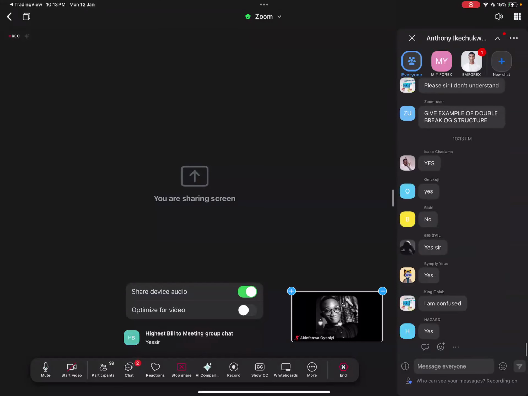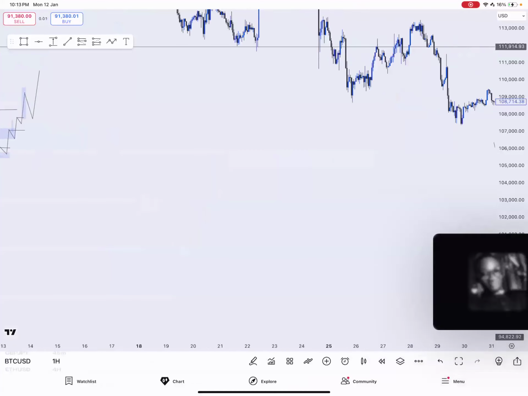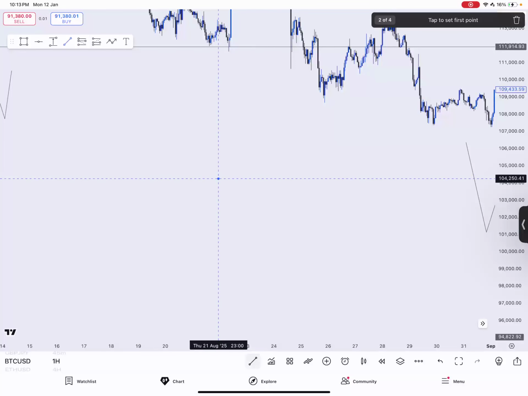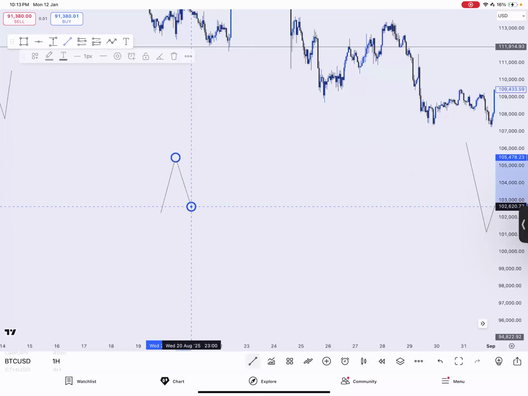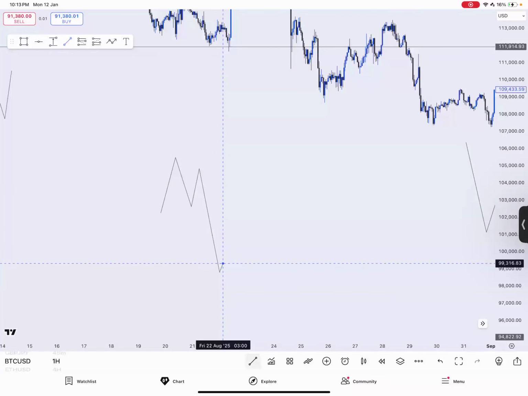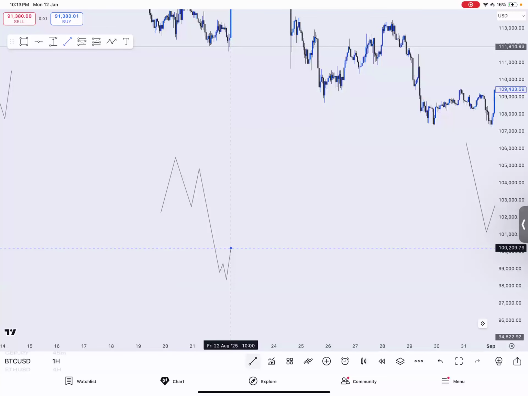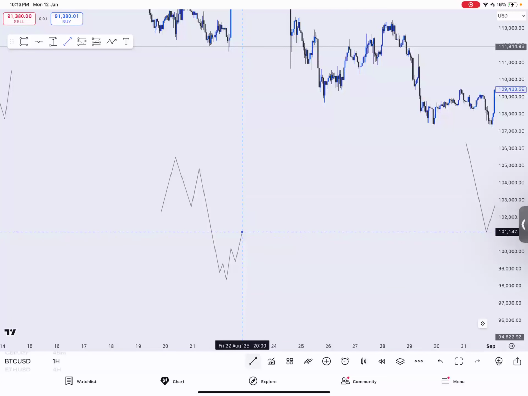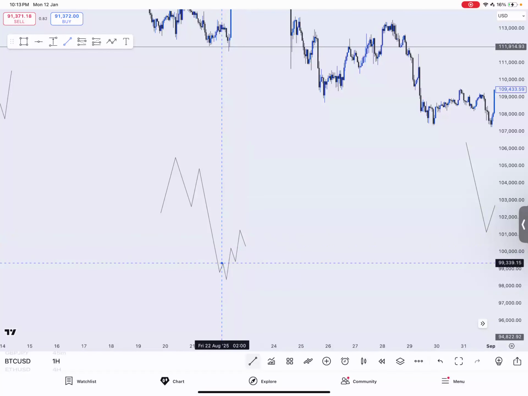Okay, let me explain again. This is a high. This is another high here. Then the market starts buying up, giving you higher high and higher low, higher high and higher low. When price took out this high, you can see only one high that it took out.